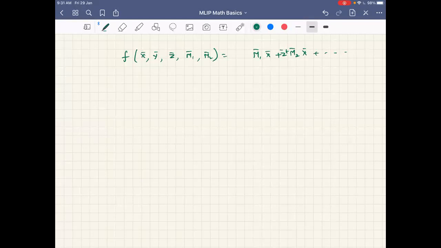If I give each of the independent variables, x bar, y bar, and so on, as input, what I get finally is the function f. Then we see systematically how to make the partial derivatives of this complex function, the total partial derivatives. So we break this problem into sub problems, write the partial derivative at each sub problem, and then assimilate all of these to get the final answer.